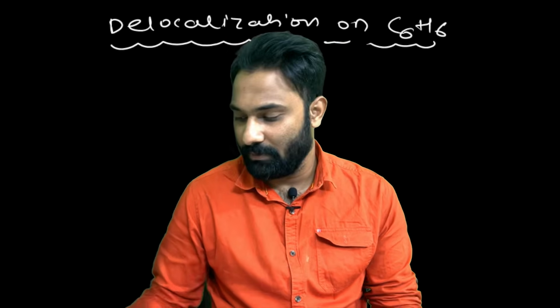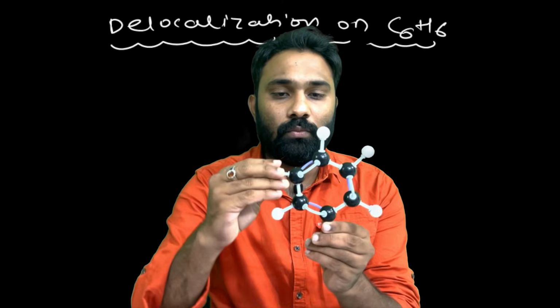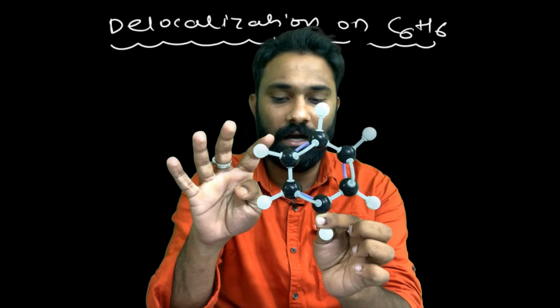Now we'll see here. If you take the benzene, now this is a benzene, right? 6 carbons and 6 hydrogens.